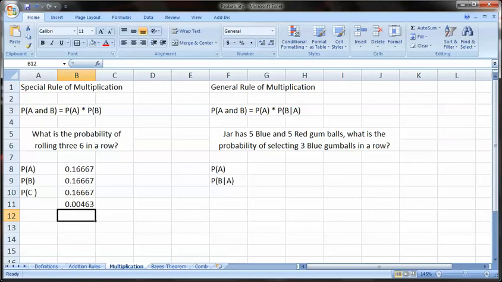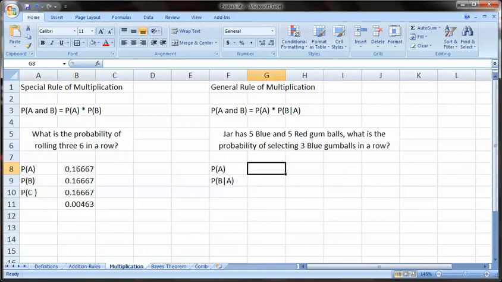The general rule of multiplication states that the probability of A is happening, and then we have a conditional probability associated with it as well. So a jar has 5 blue and 5 red gumballs. What is the probability of selecting 3 blue gumballs in a row?